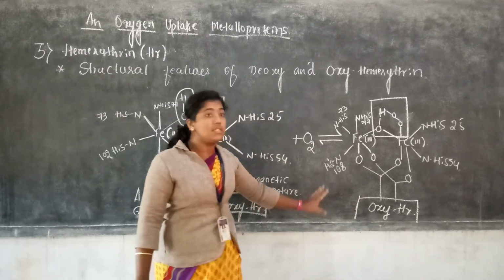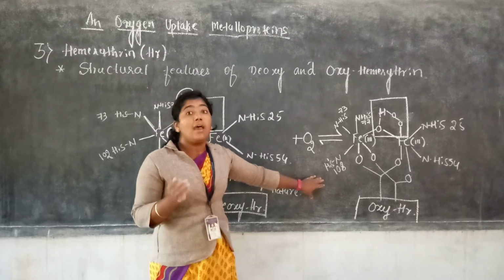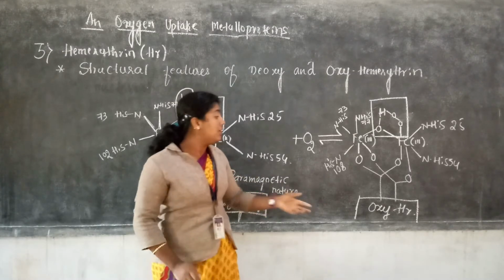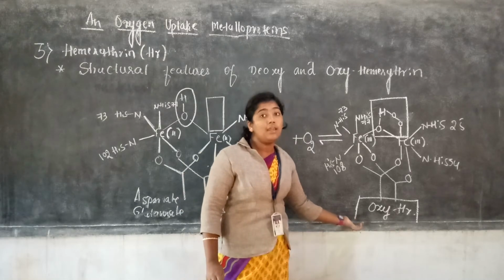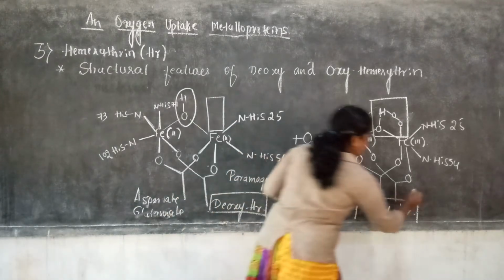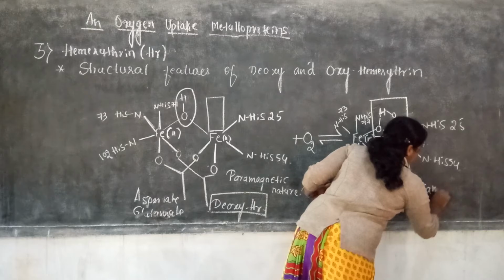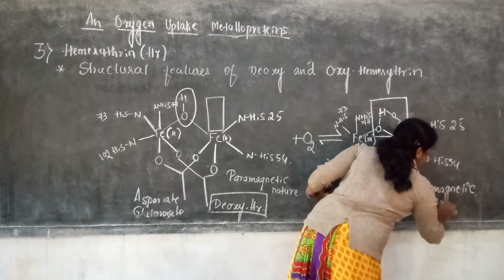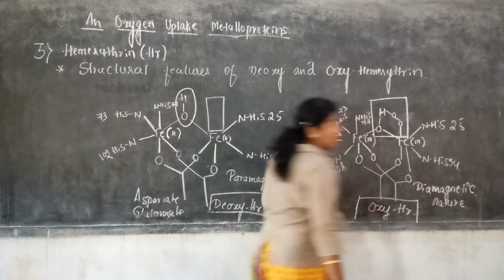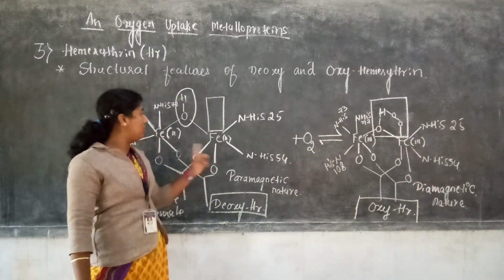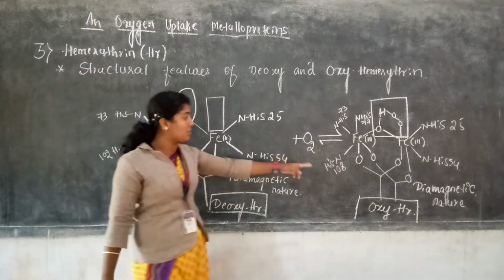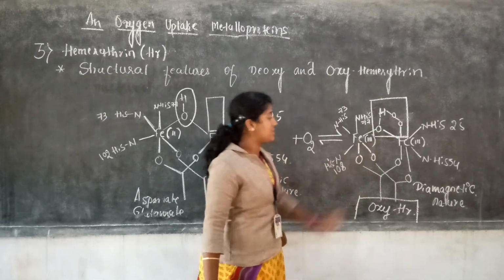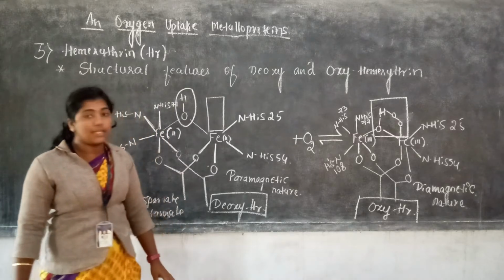So the reason is both iron centers participate in the anti-ferromagnetic coupling interaction. That's why oxyhemerythrin is diamagnetic in nature. Okay, so in the deoxy form both are high spin, hence paramagnetic. Here there is an anti-ferromagnetic coupling interaction, then both iron centers are diamagnetic.